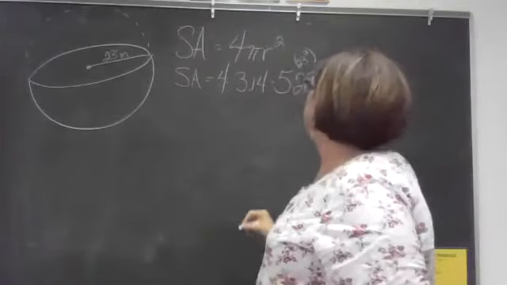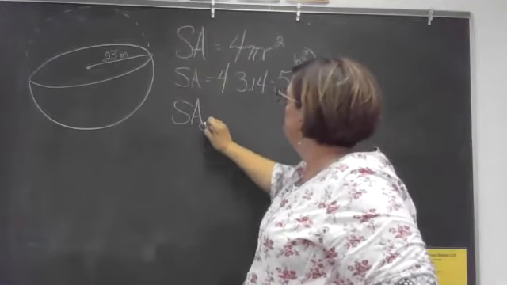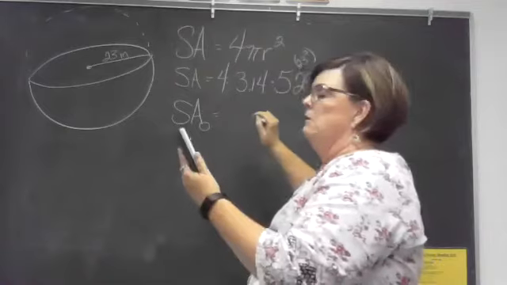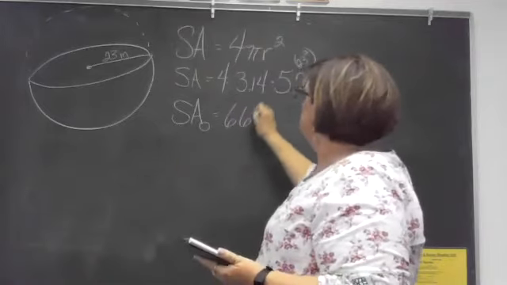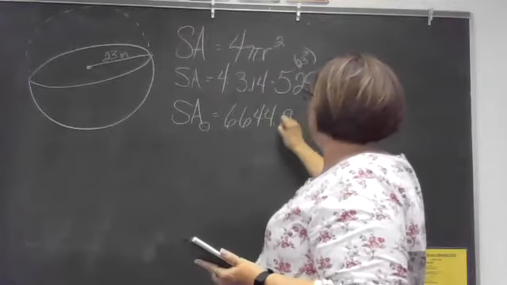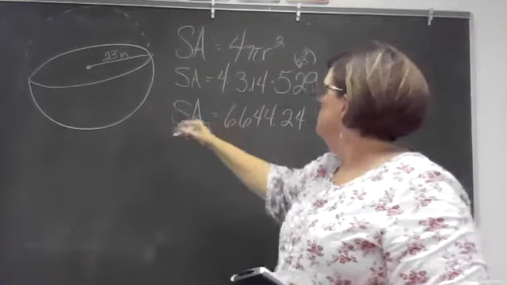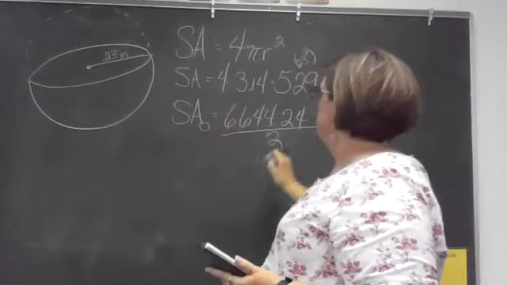And when I multiply this, I get that the surface area, and remember, it's the entire sphere, equals 6644.24. But we know we're only dealing with half of it. So let's divide this by 2.